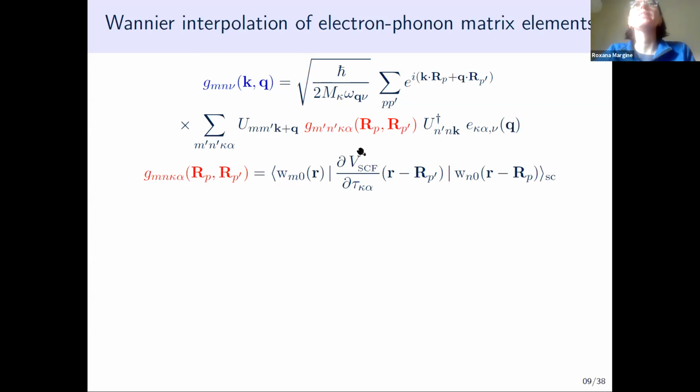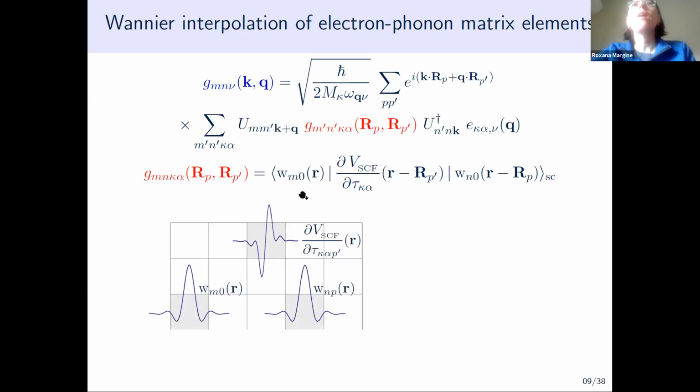So in this case, we again have 3 objects: the 2 Wannier functions, and the deformation potential in the Wannier representation. And these objects are localized.